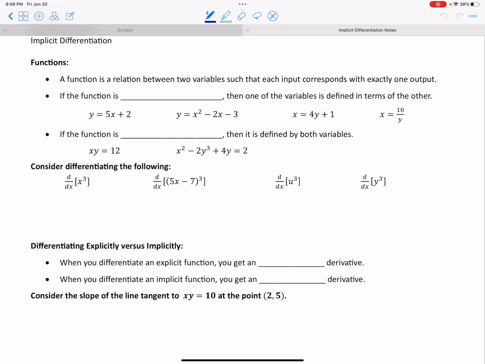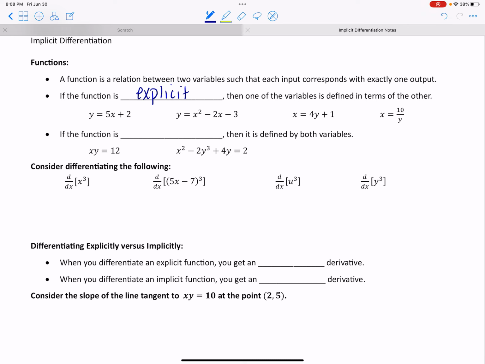So we know a function is a relation between two variables, and that relationship is such that every input into that function corresponds with exactly one output. So graphically, we know that a function passes the vertical line test. Now, if that function is explicit, which is what we have been dealing with thus far, it means that one of the variables is defined in terms of the other.